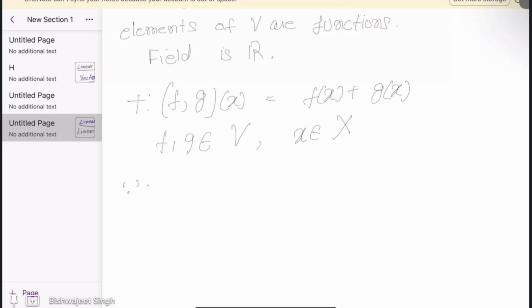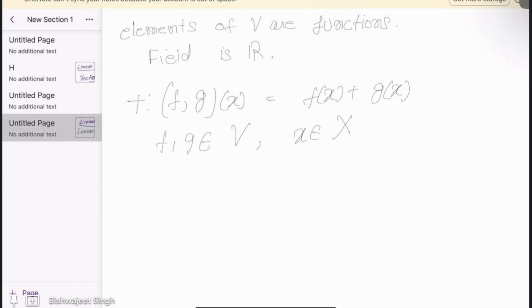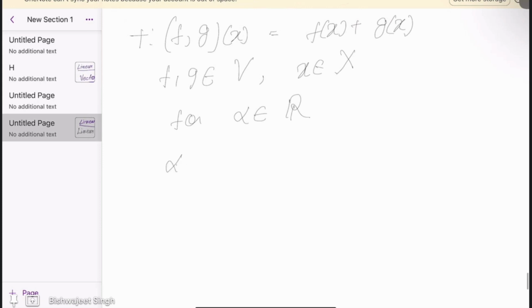The dot operation is the scalar multiplication. So for the field R, for alpha belonging to R, I define alpha f of x equals alpha dot f of x, and this is how my dot operation is defined.